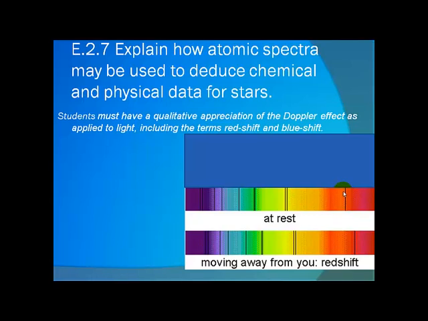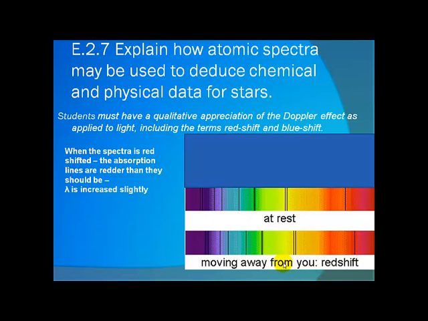If it's moving away from us, the lines are shifted more to the red part of the spectrum. If it's moving towards us, the lines are going to be shifted more to the blue part of the spectrum. So with the redshift, the wavelengths are slightly longer, like a fire engine moving away.